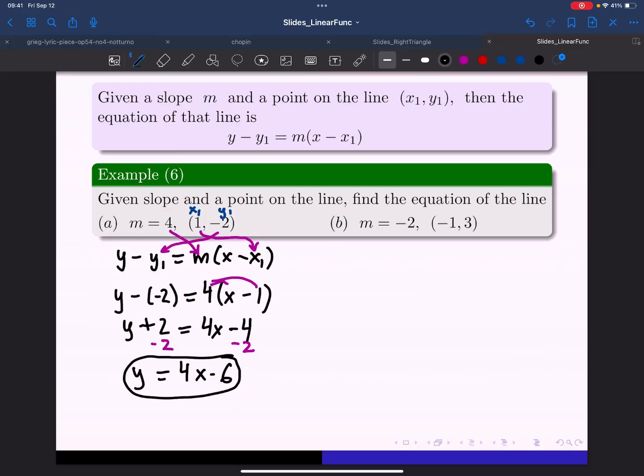Part B, exactly the same. We start with writing the formula, so we have y minus y1 is equal to m times x minus x1. This is my slope, given right here.